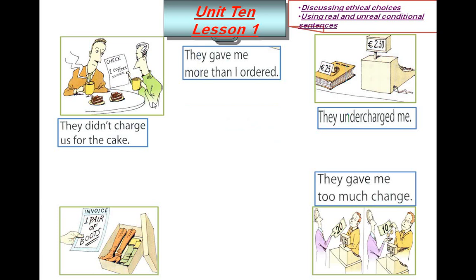They gave me too much change. And for example, if you have to pay 20, as we see here, if he has to pay 12.